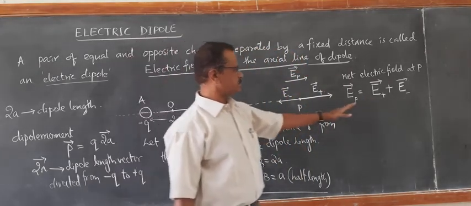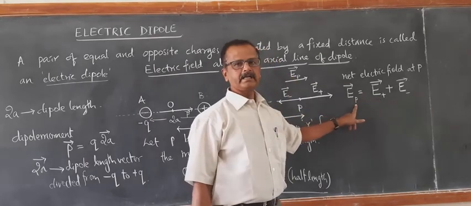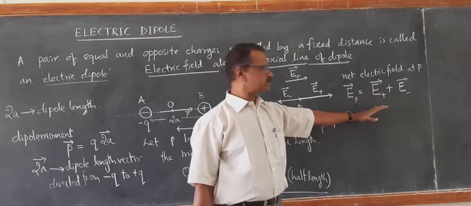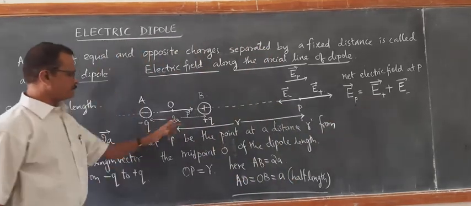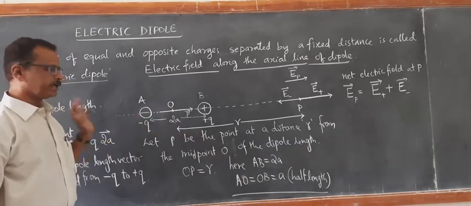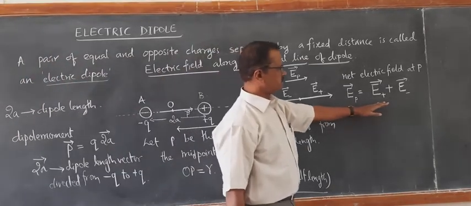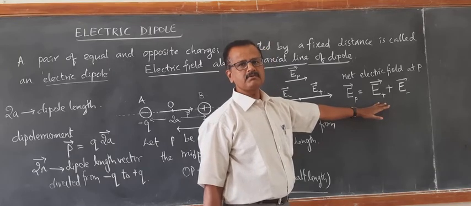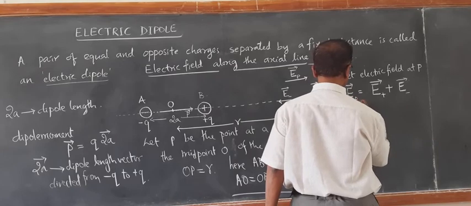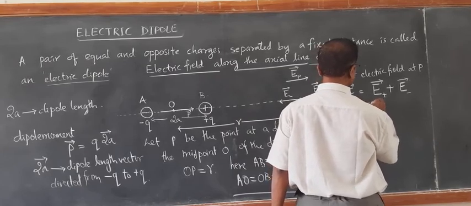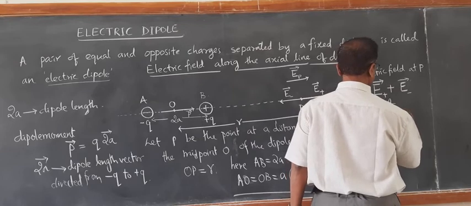This gives us the exact value of the net electric field, that is the vector sum of the two electric fields due to the positive charge and negative charge respectively. So this equation is in accordance with the principle of superposition.